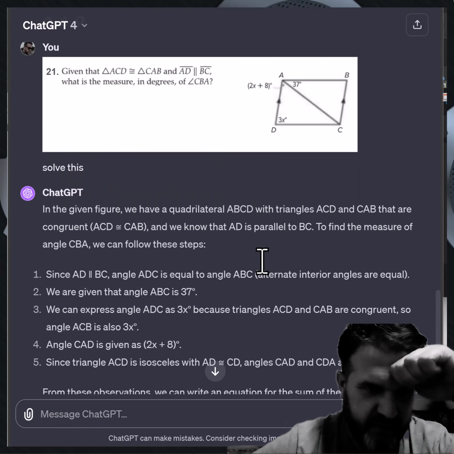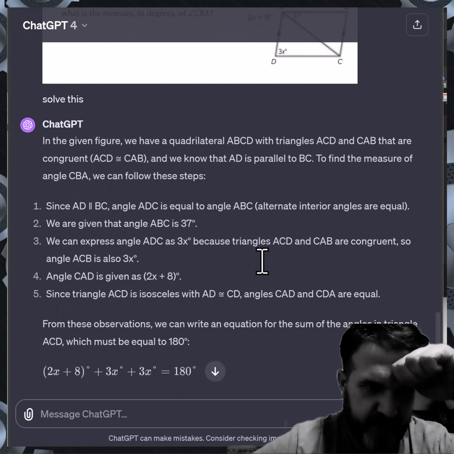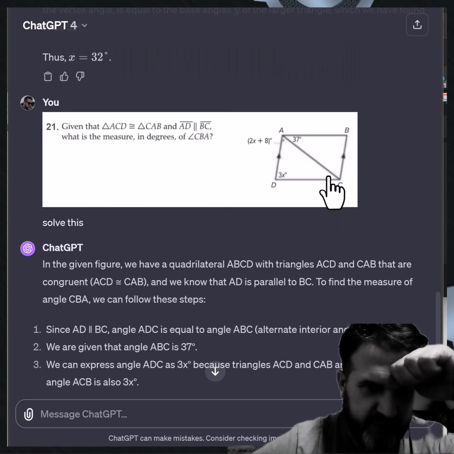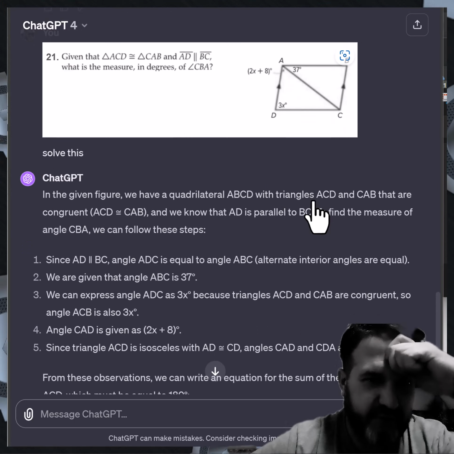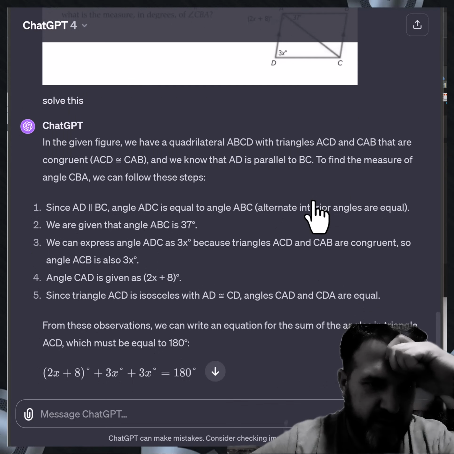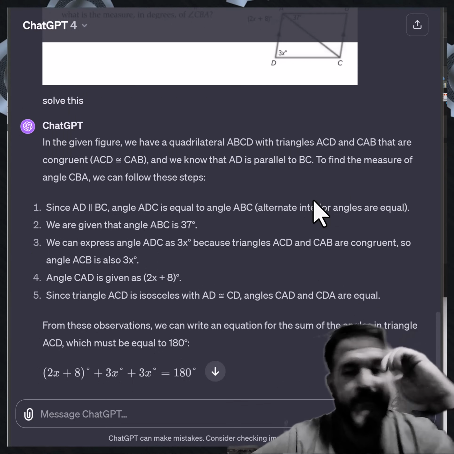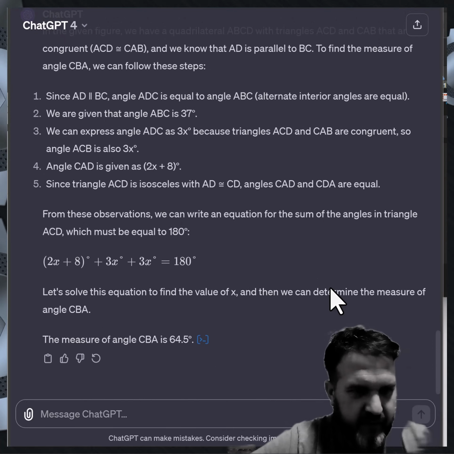What? So it basically assumes that this angle is also 3x, which wouldn't be a triangle. Oh my goodness. Okay, I'm not going to even try to explain what to do here.